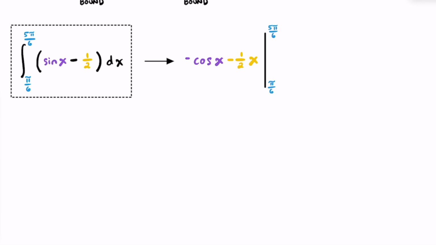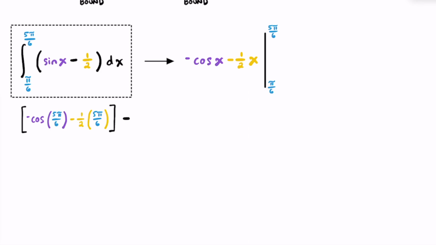Alright, so when we do this, we're going to go ahead and plug in this 5 pi over 6 in for x first. And here's what that's going to look like. And then we're going to go ahead and take our pi over 6 here, which is our lower bound, and then substitute it into our functions as well.